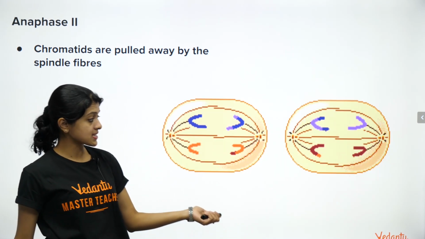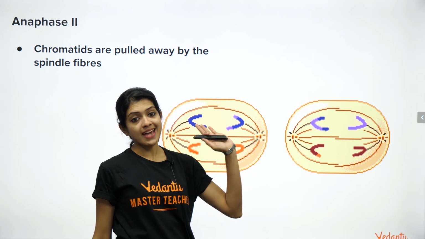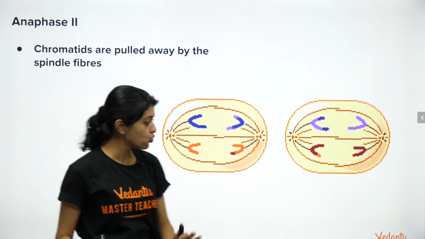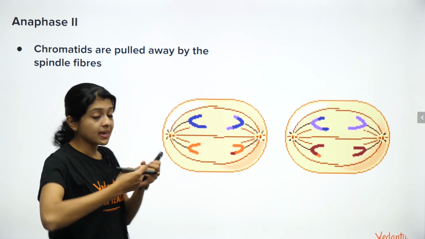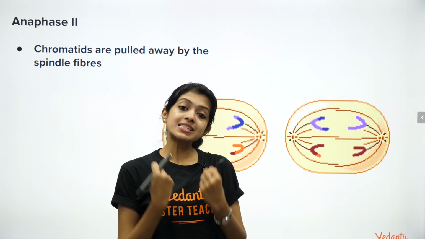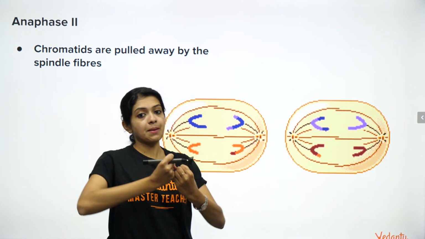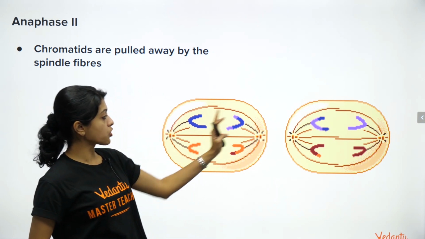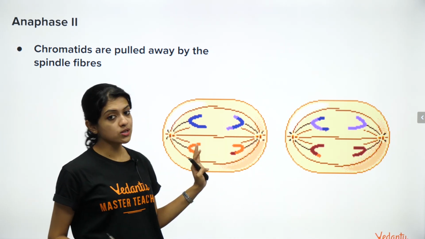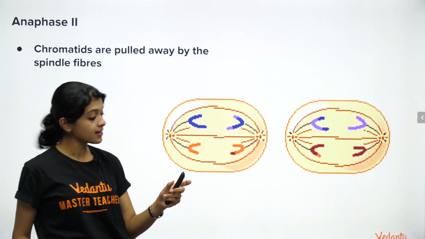And in the next stage, just like mitosis, here it's called anaphase 2 because it's part of meiosis 2. The spindle fibers begin to pull away and separate out the sister chromatids. At the centromere, the separation happens and sister chromatids are pulled apart and move towards opposite poles of the cells. This happens in this cell as well as in this cell.